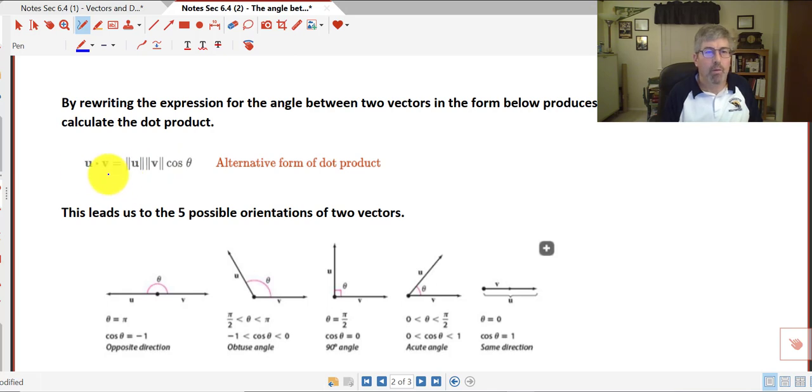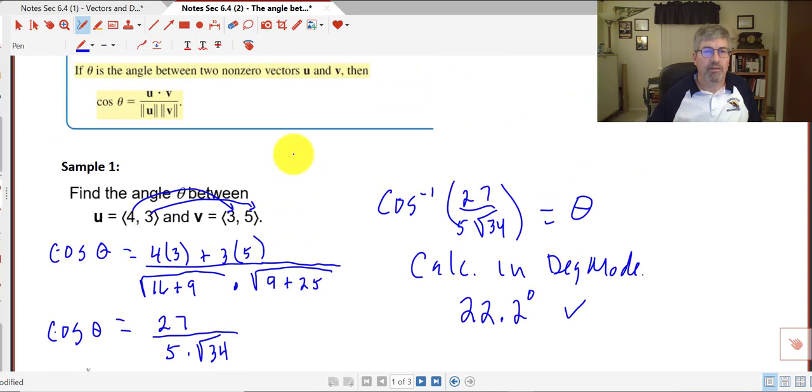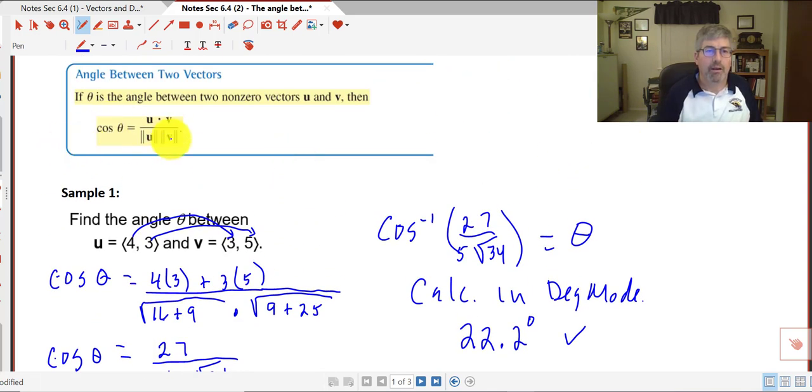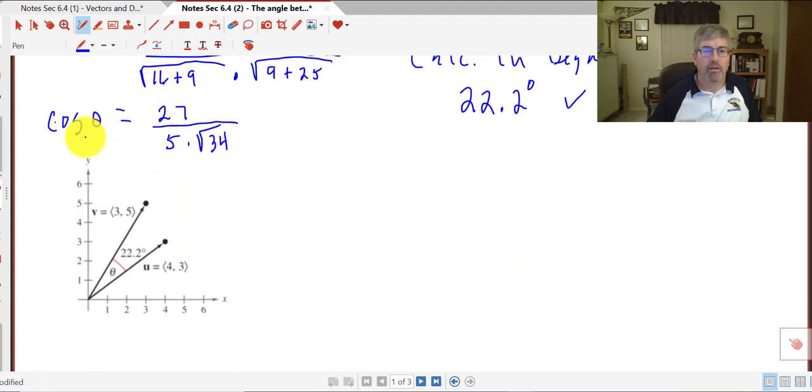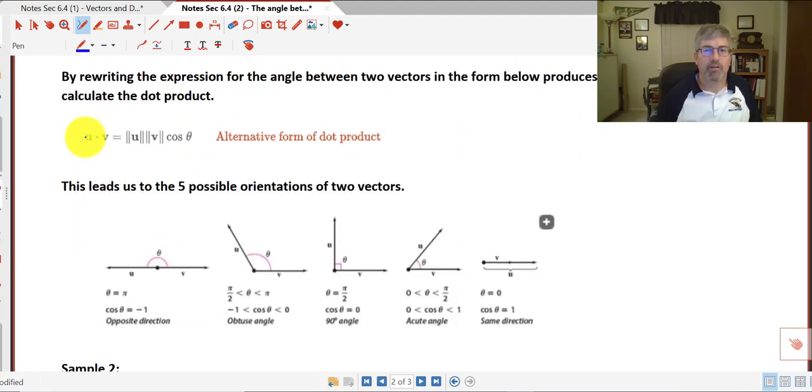If we multiply both sides by the magnitude of u and the magnitude of v, those cancel, and we get the dot product of u and v equals the magnitude of u times the magnitude of v times cosine of theta. So that's all we've really done here on this page. We've got the alternative form of the dot product.